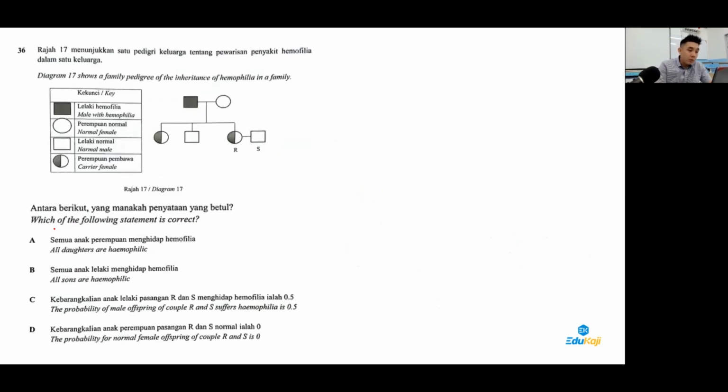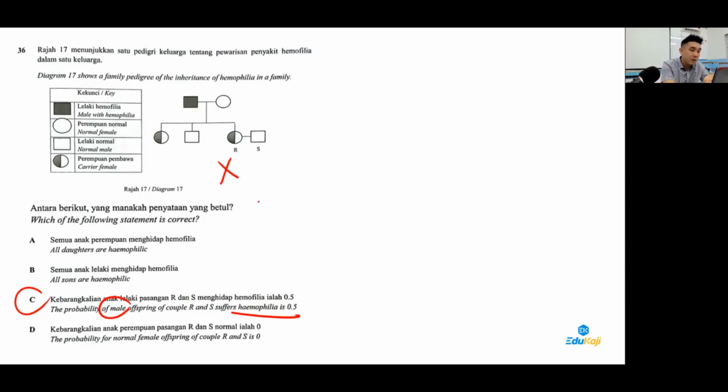Now, 36, which of the following statements are correct? One look, you should know that the male have a 50% chance in suffering hemophilia. Okay, because guys, hemophilia is a sex-linked disease.